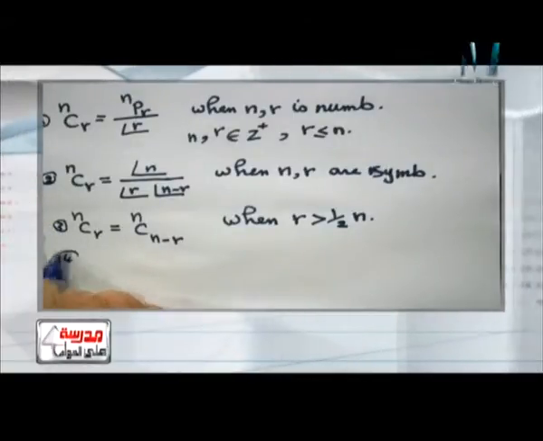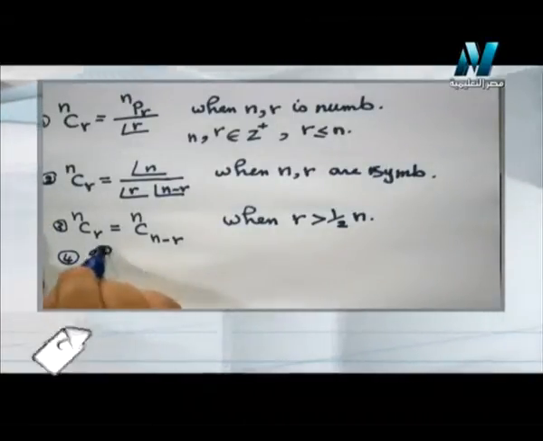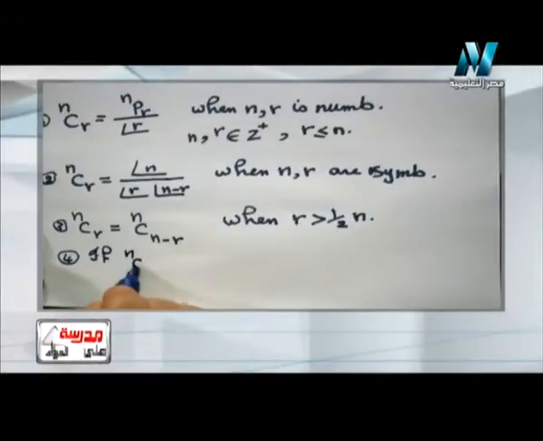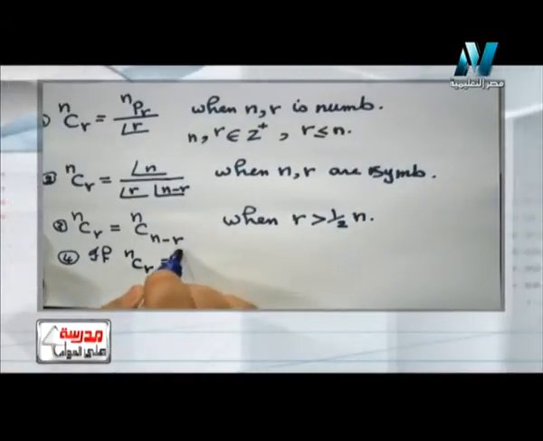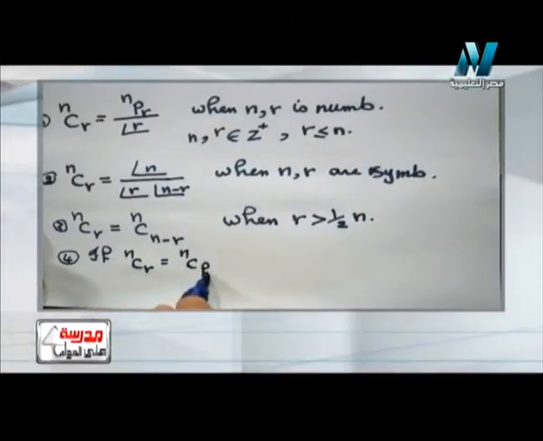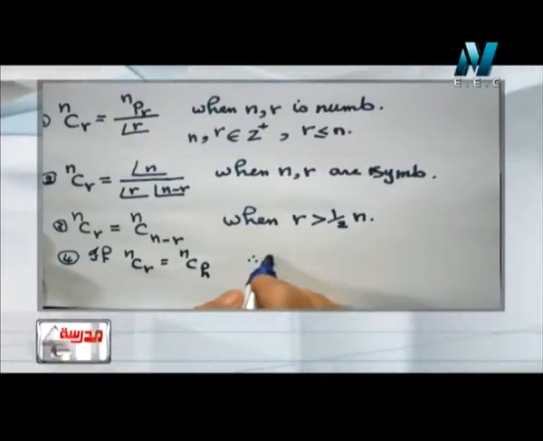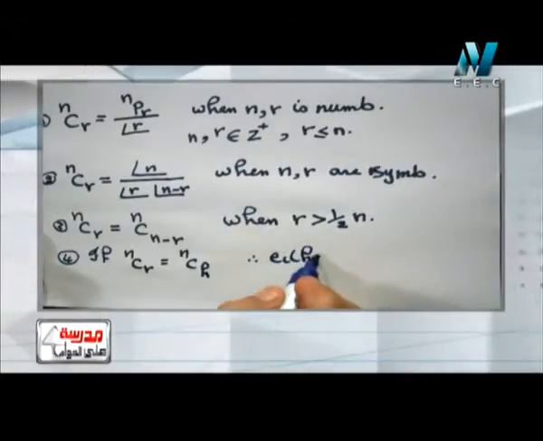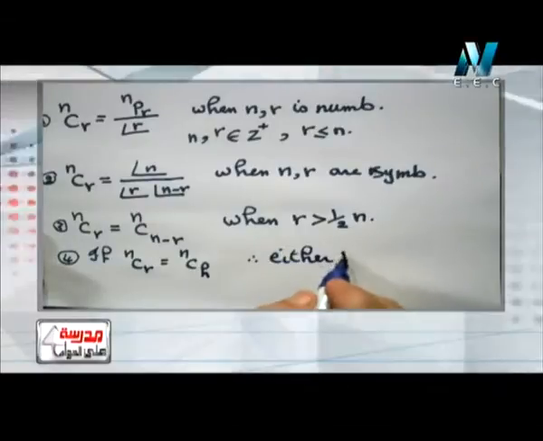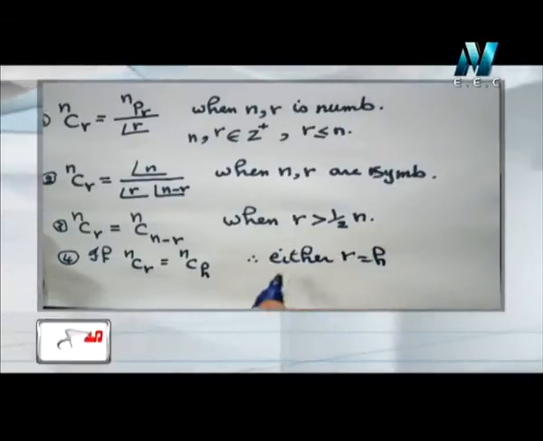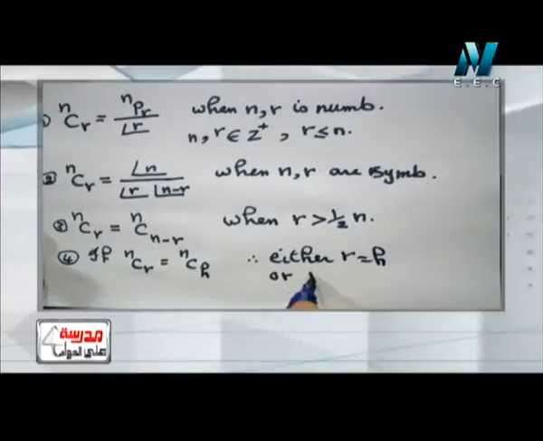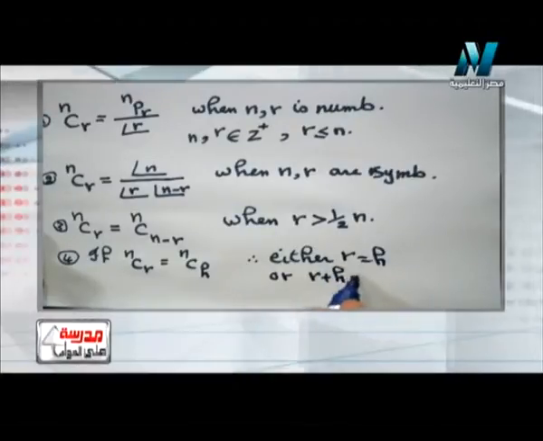Number 4, if nCr equals nCh, therefore either r equals h or r plus h equals n.